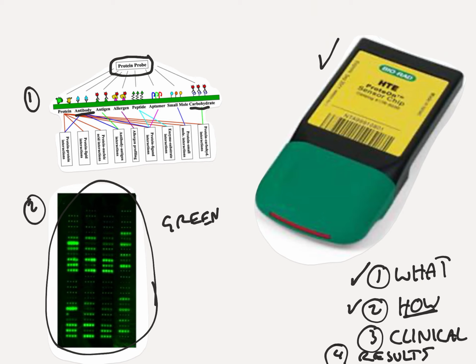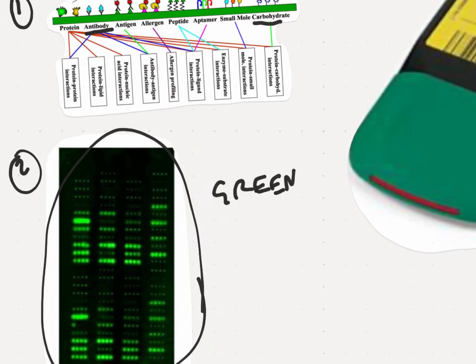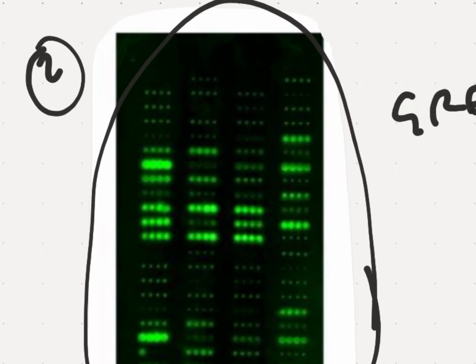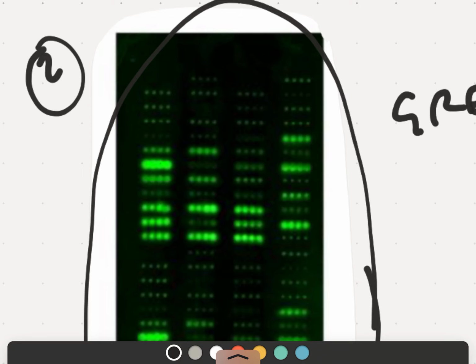As for results interpretation and clinical application, let's go for results interpretation first. So in this image, you have 4 different rows, and what I mean by that is you can see how you don't just have one dot, you have multiple dots.